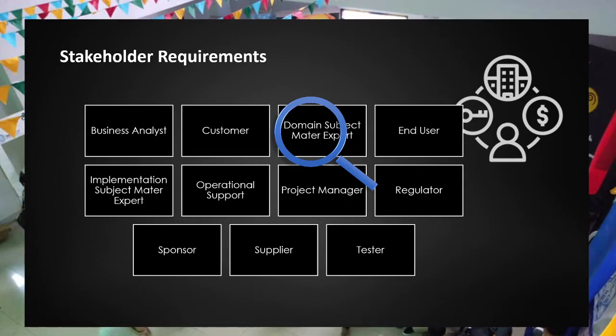A domain subject matter expert is any individual with in-depth knowledge of a topic relevant to the business need or solution scope. This role is often filled by people who may be end users or people who have in-depth knowledge of the solutions, such as managers, process owners, legal staff, consultants, and others.